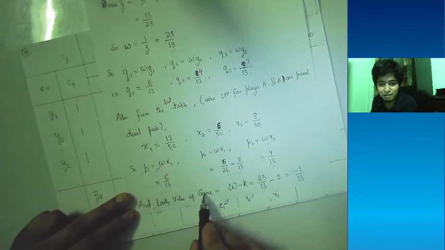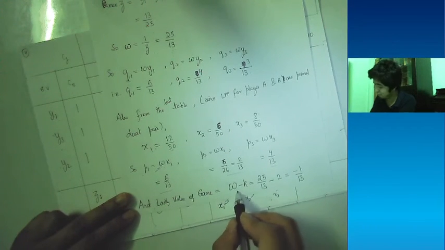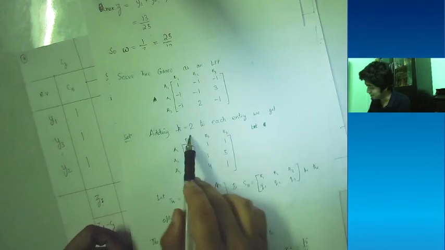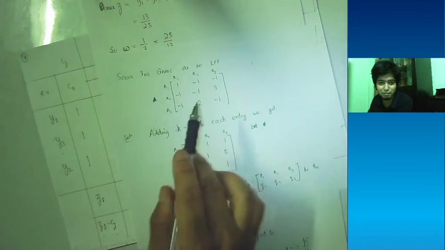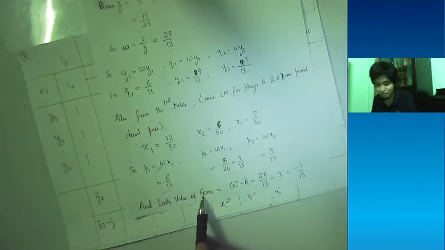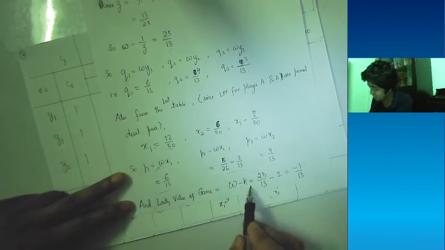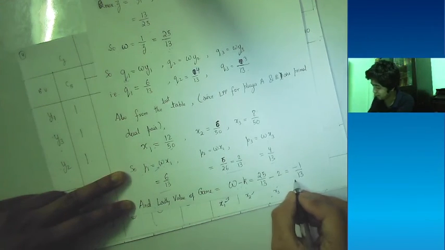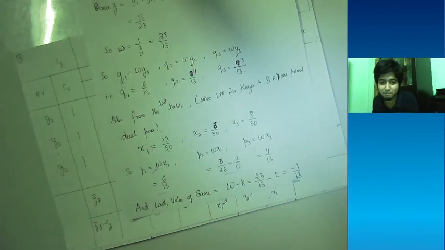Lastly, the value of the game is W minus K. You remember that from the very beginning we added K equal to 2 to this game so that it would be positive. In the final value of the game, we have to subtract this 2 again. After subtracting, you will be getting minus 1 by 3.